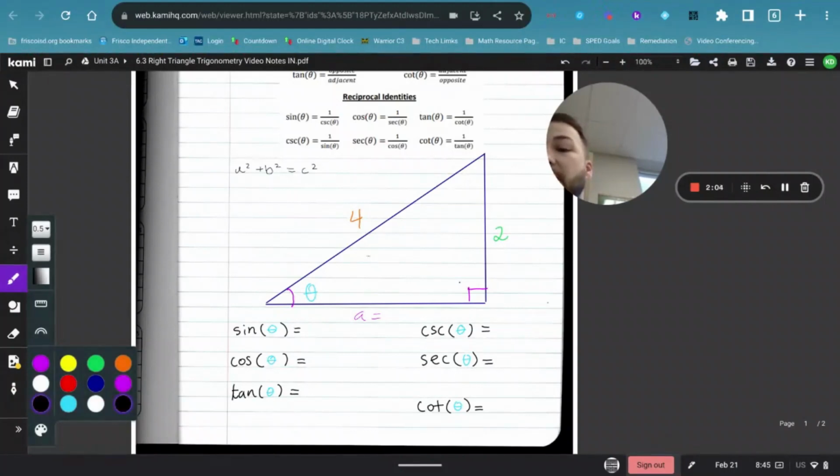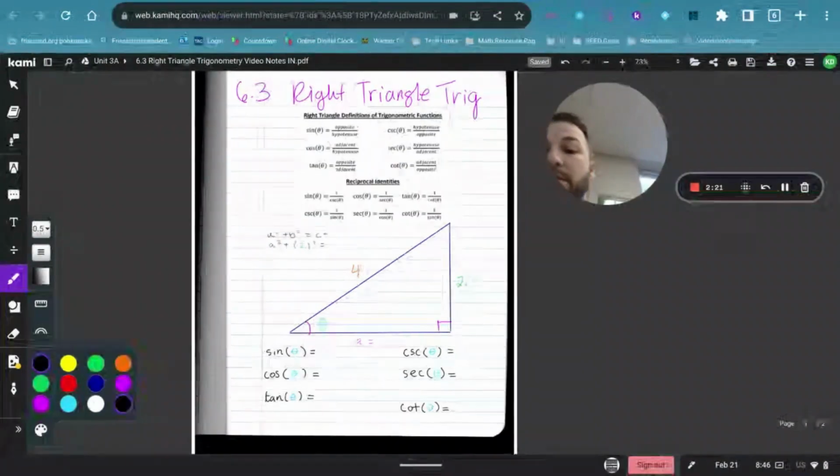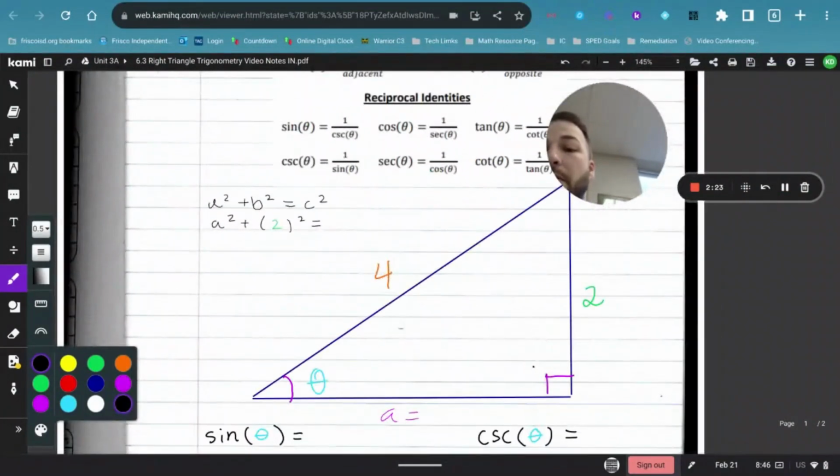So this is going to become A squared plus our B squared, which is 2 squared, and that's equal to our C squared, 4 squared.